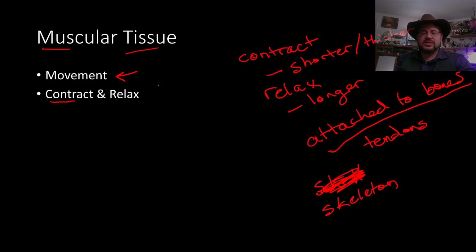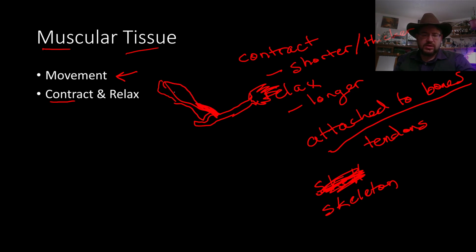If this is your bicep, here's your arm bone, and then here's your other arm bone, and here's your hand. Your bicep is connected up right around here.